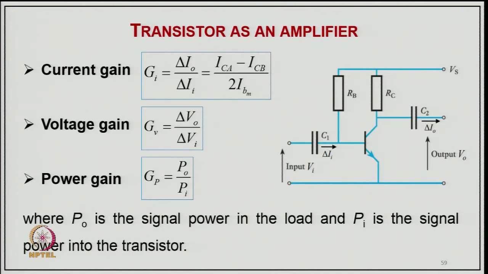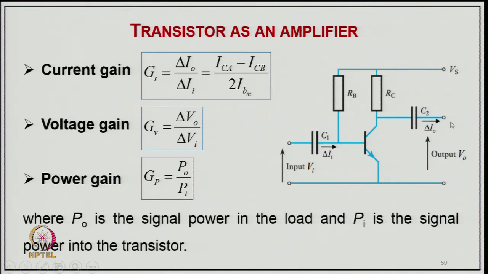Now, coming to the current gain GI, that is delta Io upon delta I, and that is ICA minus ICB divided by 2 IBM. The voltage gain will be GV equal to delta V upon delta I, that is the output voltage we are talking about, and this is the output current.